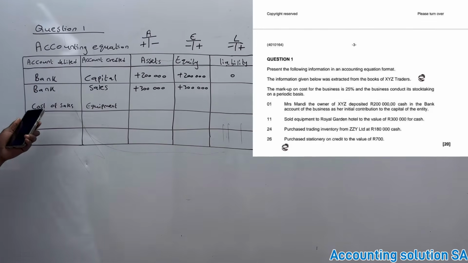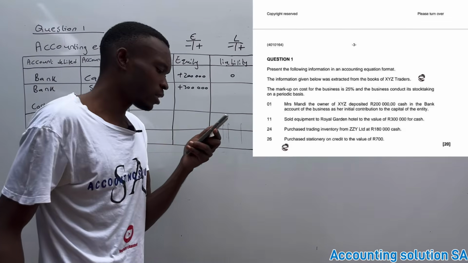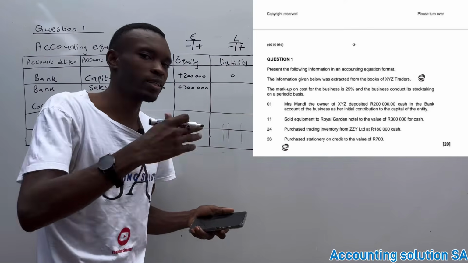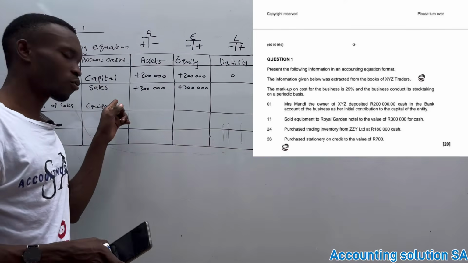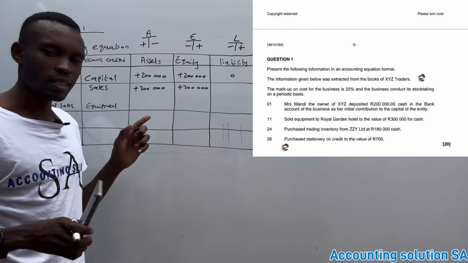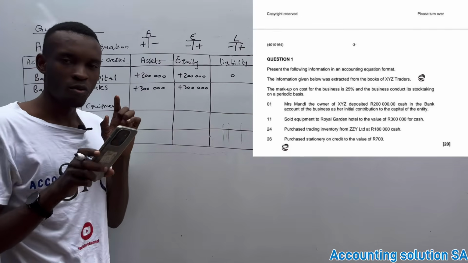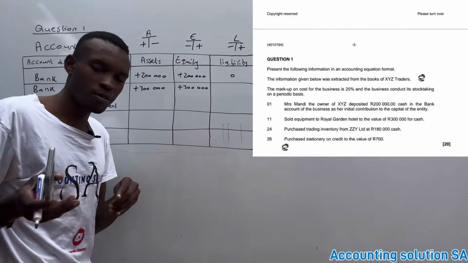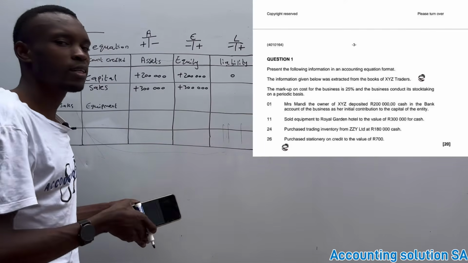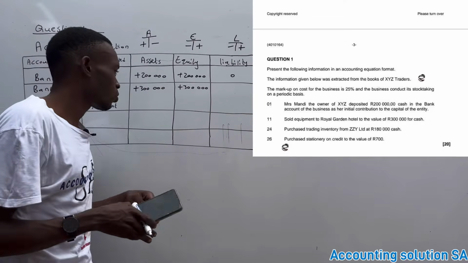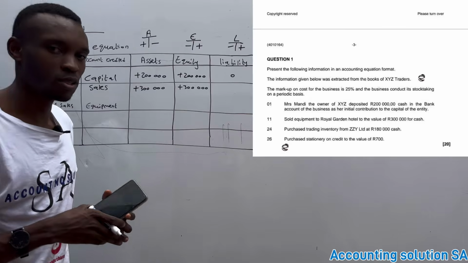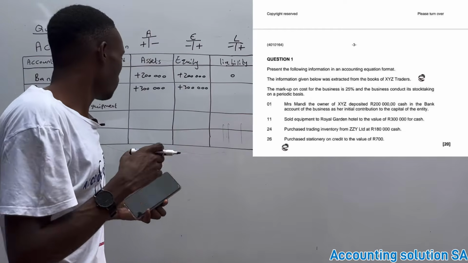Okay, so they didn't give us more detail on what this business is actually selling. So we assume that equipment for them is trading stock, because there is not enough information that tells us that this business is selling machines or that this business is selling bread. So we're just going to make an assumption. There's no penalty for that.